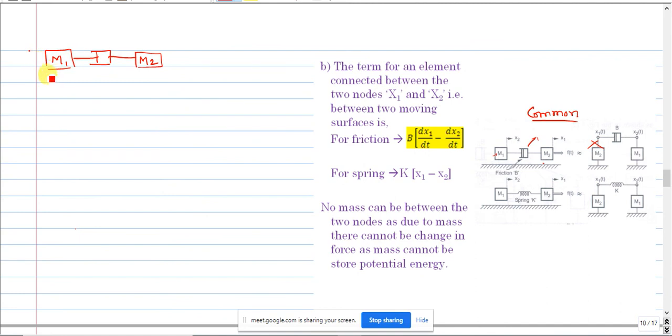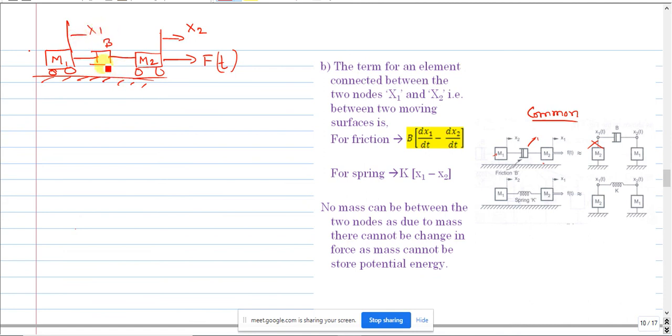Okay, you consider this as a roller support, no friction to the surface. So in between m1 and m2 I have a friction B. Consider when I apply a force f of t, you will have different displacements, because in between m1 and m2 there is a friction. So I can represent this as x2 and this as x1.